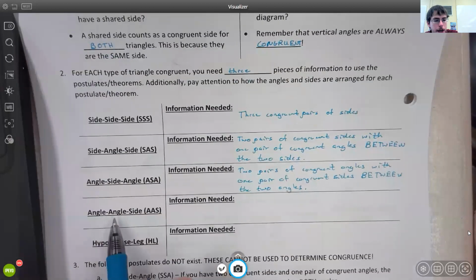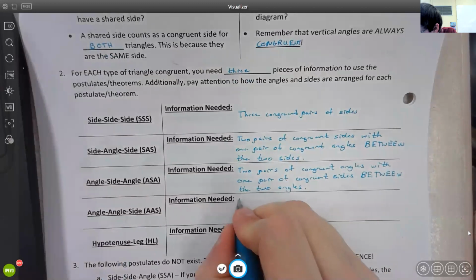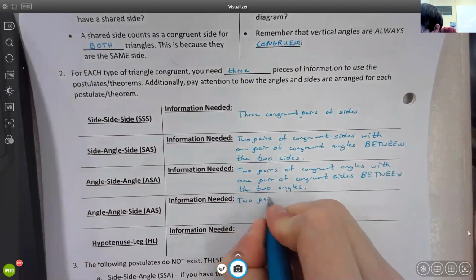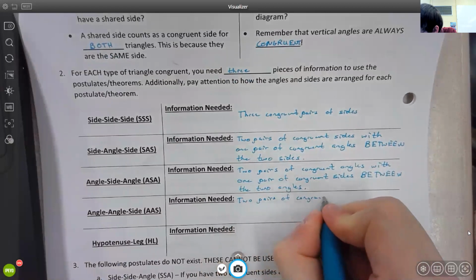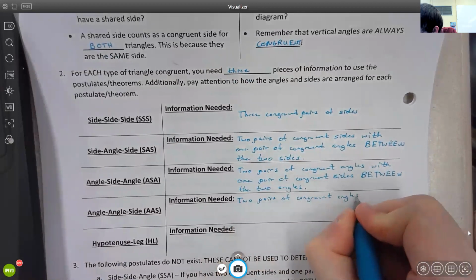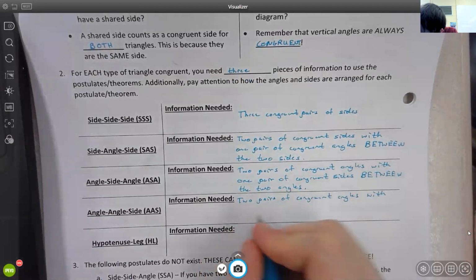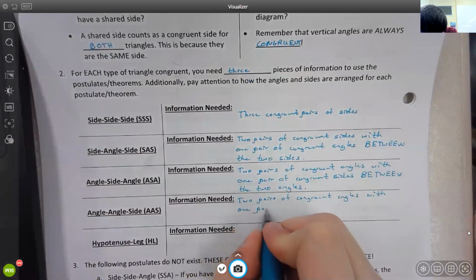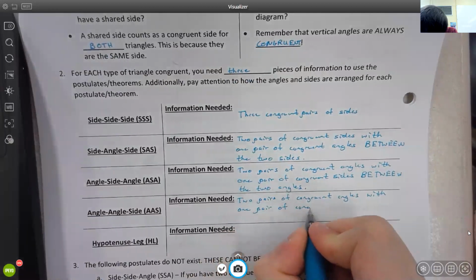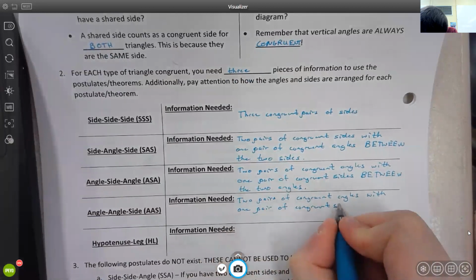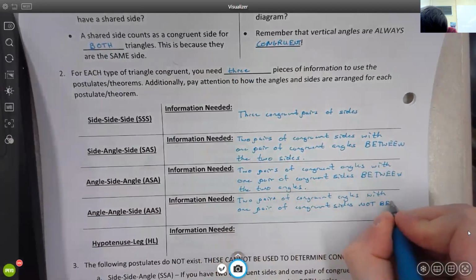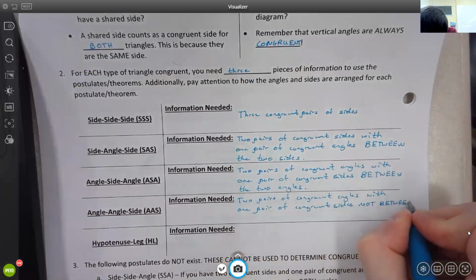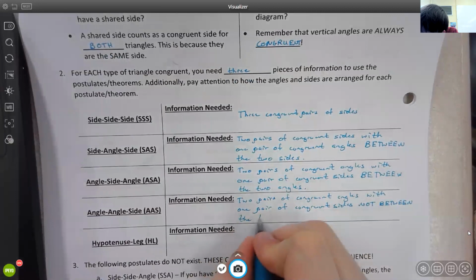Then you have angle, angle side. You need 2 pairs of congruent angles with 1 pair of congruent sides that is not between the 2 angles.